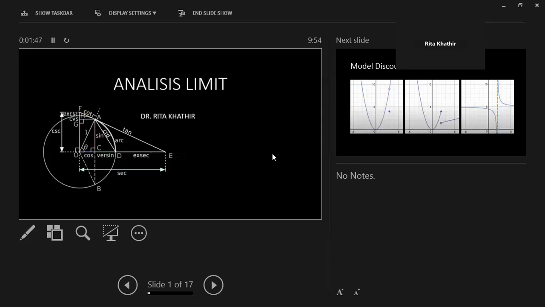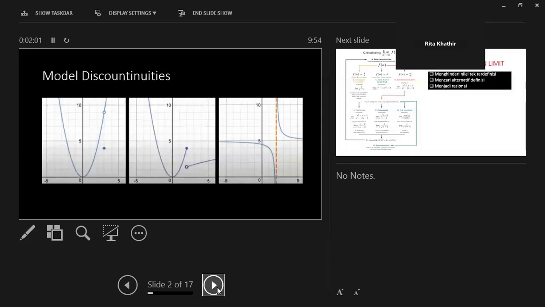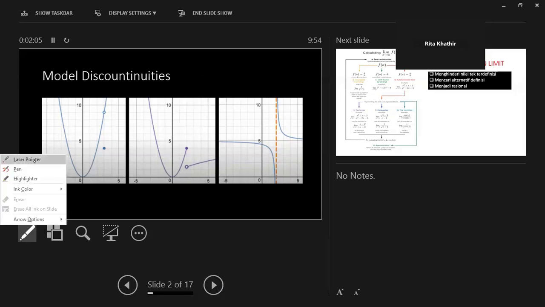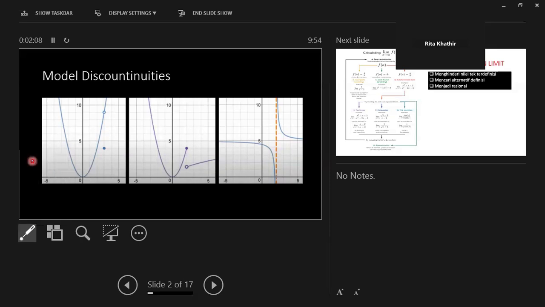And our topic today is about limit again. And today the first thing we want to see is the model of discontinuity. You know that we had discussed about limit, and it is to discuss the model or graphs and how we can produce this line.